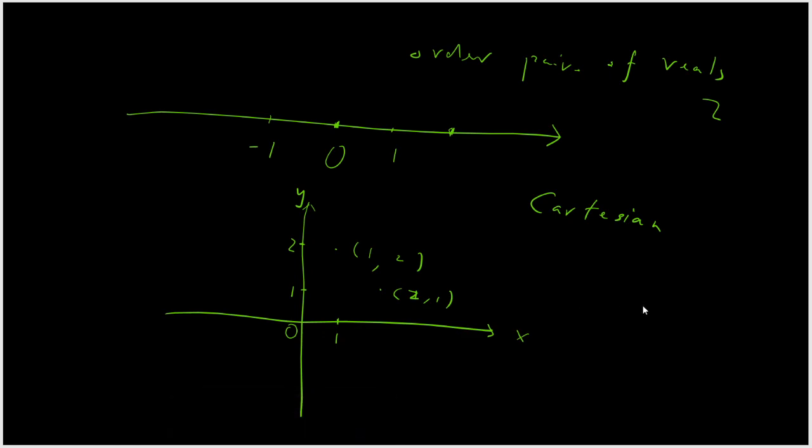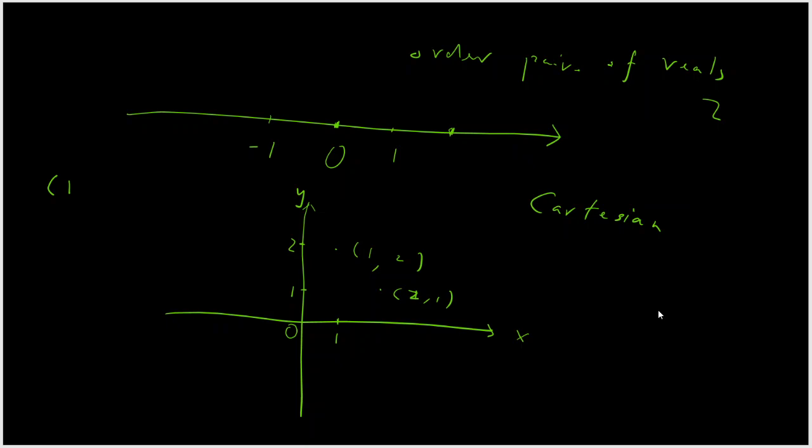And conversely, the other way around. If I give you an ordered pair of real numbers, it corresponds uniquely to a point on the plane. Something like the first number x, and y, the x and y coordinates.